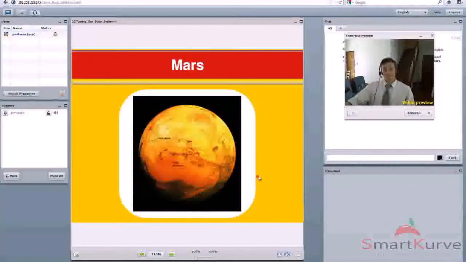So let's move on. From Mars, we move on to our outer planets, our Jovian planets. The first one, Jupiter. Slide 24, we start there, Jupiter, a giant among planets. Jupiter has a mass, and I think this is amazing, 2.5 times greater than the mass of all the other planets and moons combined.